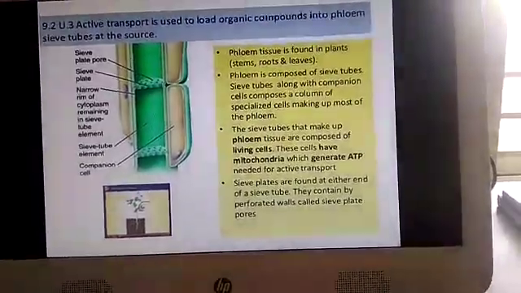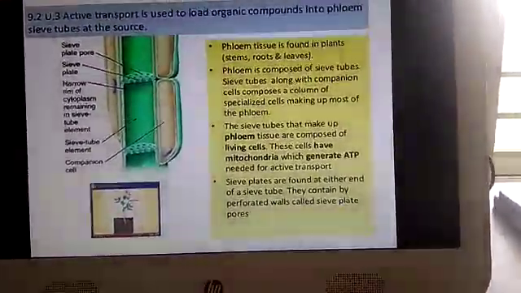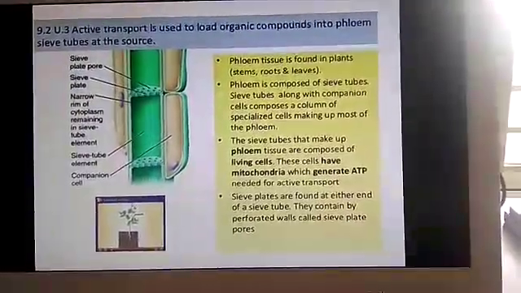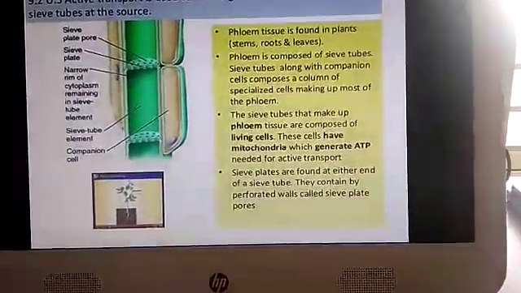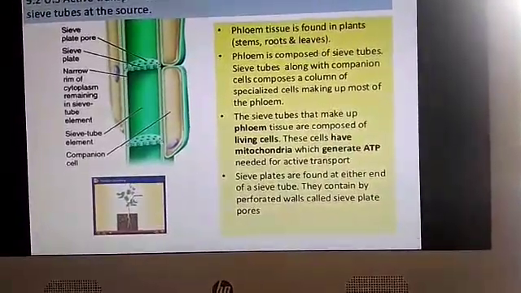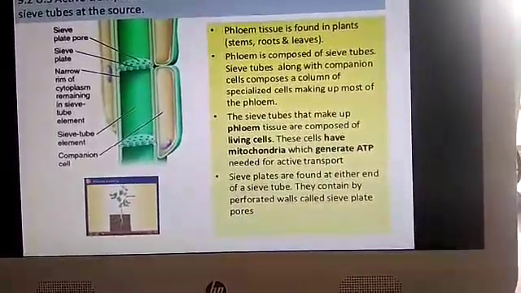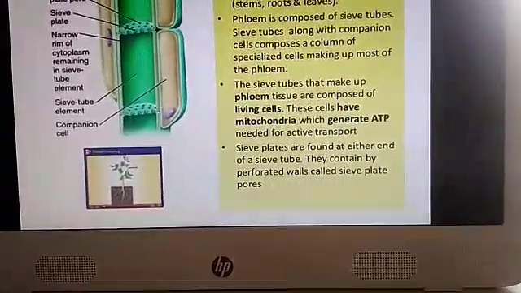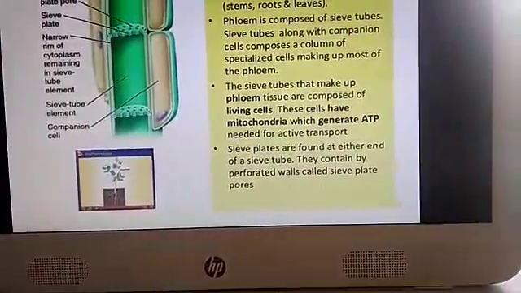See how it involves the phloem tissue: active transport of organic compounds into phloem sieve tubes at the source. See the parts: sieve plate, pore, a narrow rim of cytoplasm remaining in a sieve tube element, sieve tubes and companion cells.